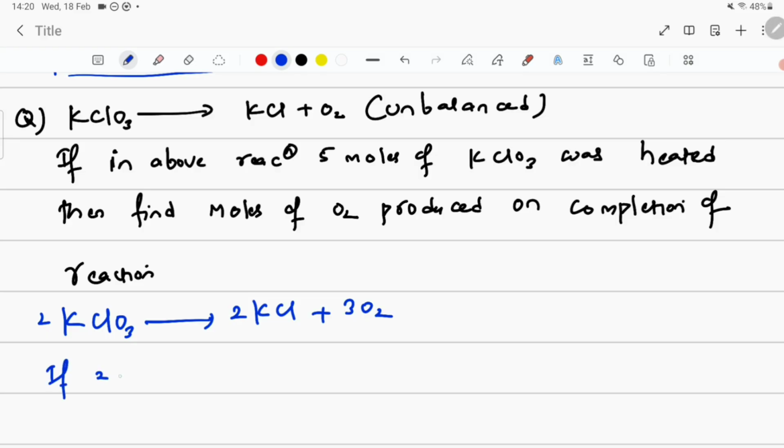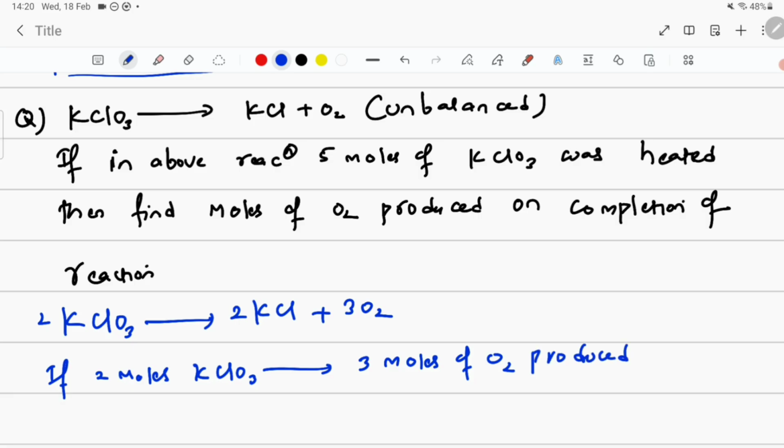If 2 moles of KClO3 taken, according to the reaction, 3 moles of O2 produced. But here what we need to focus on is they mentioned 5 moles of KClO3 taken.